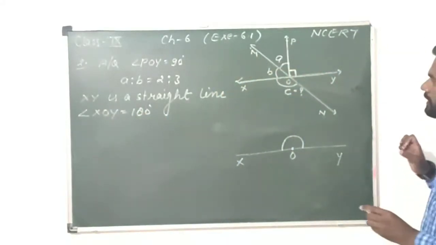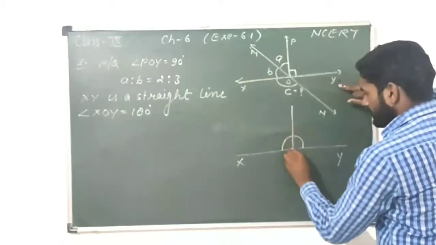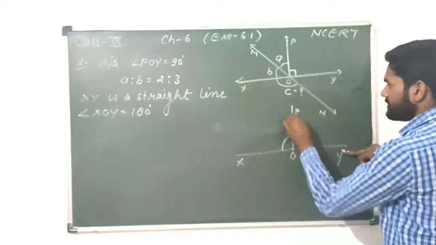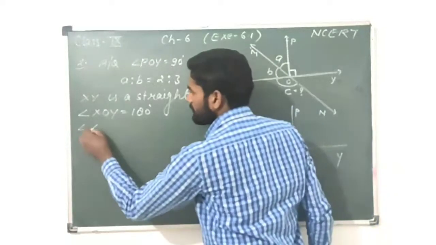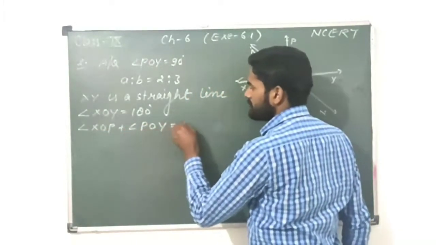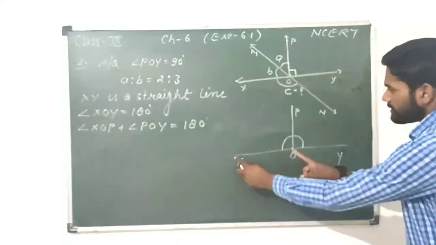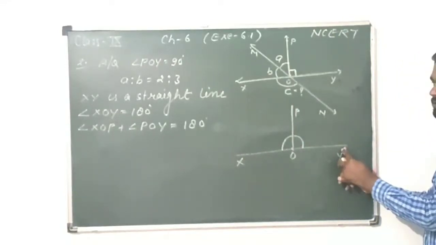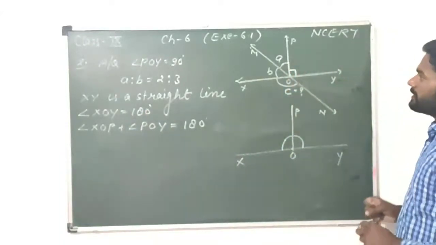Got it? Now XOY is the combination of XOP plus POY, angle XOP plus angle POY, which is equal to 180 degrees. Look again, XOY is equal to the sum of this one and this one, which is 180 degrees.